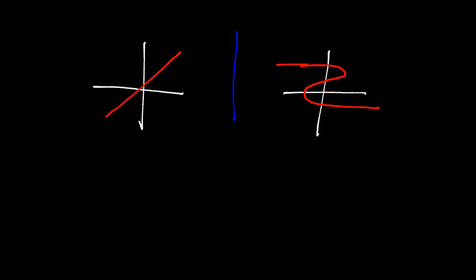The easiest way to determine that, if we don't have any sort of table that tells us what our values are, is to use what's called the vertical line test, and that's why this blue line is here. Pretend this is a perfectly straight up and down line. In the vertical line test, all we have to do is take it and drag it across the graph. And we want the graph to intersect the vertical line only at one place at a time. As long as that occurs, you have a function.